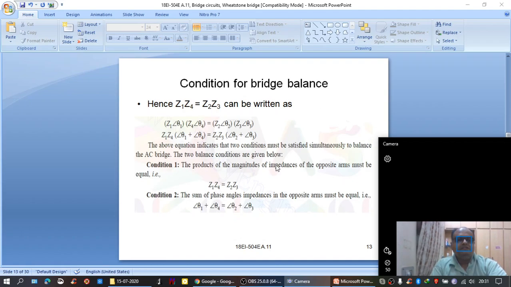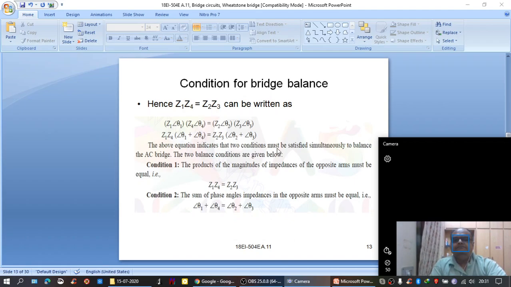So the product is Z1 Z4 into e power i into theta 1 plus theta 4. That is one way of writing the expression. The other way is simply to replace theta with the sum: Z1 Z4 at an angle of theta 1 plus theta 4, and Z2 Z3 at an angle of theta 2 plus theta 3.